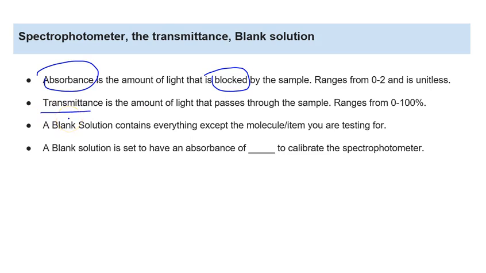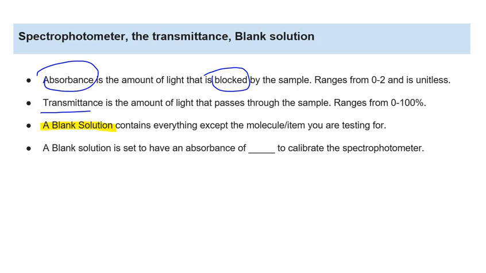And also, if you remember, we use the blank solution to calibrate our spectrophotometer. A simple definition of the blank solution is a solution which contains everything except the molecule or item you are testing for.